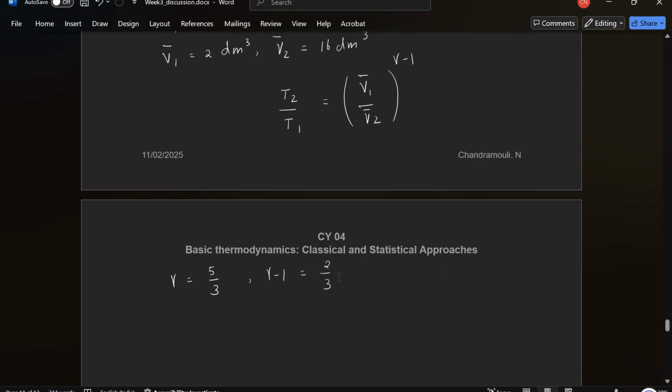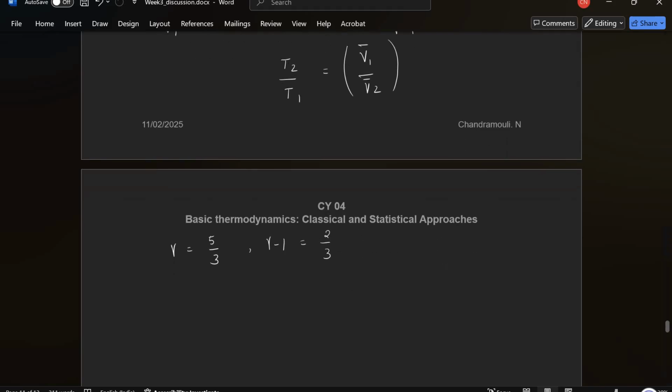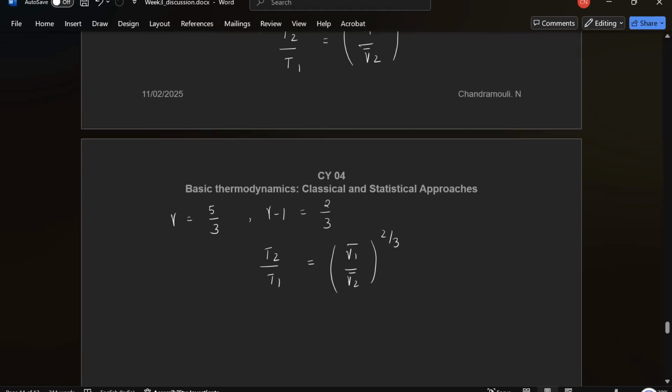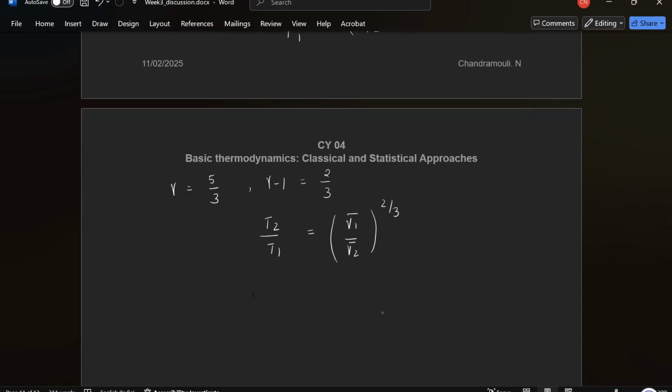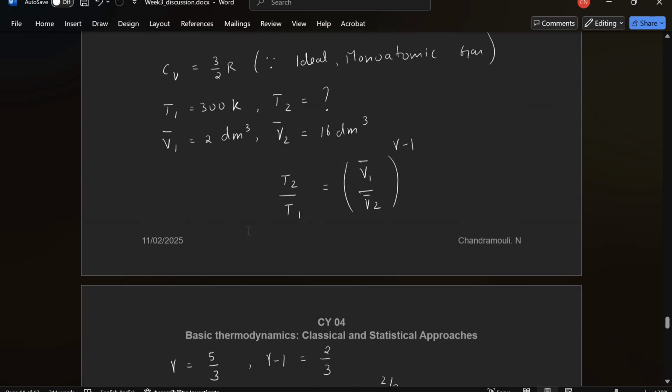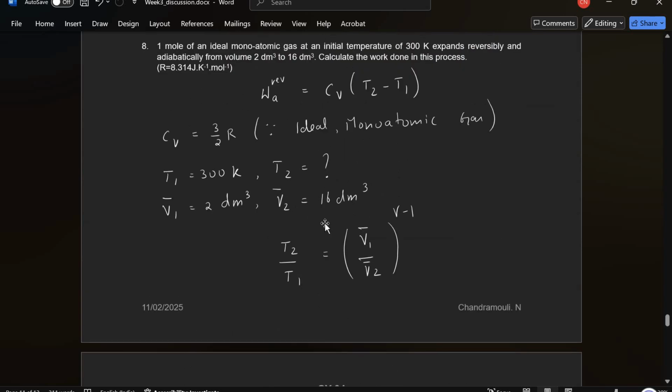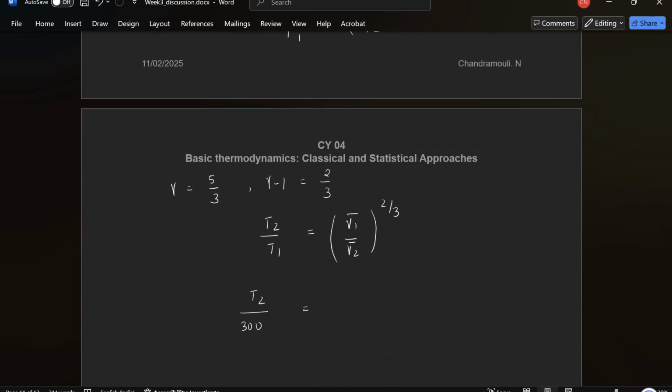So now we already have this, so we can calculate. T2 by T1 is equal to V1 bar by V2 bar raised to 2 by 3. We need T2, and T1 is 300 Kelvin. V1 bar is 2 and V2 bar is 16. Since they are in the numerator and denominator, the units will cancel.